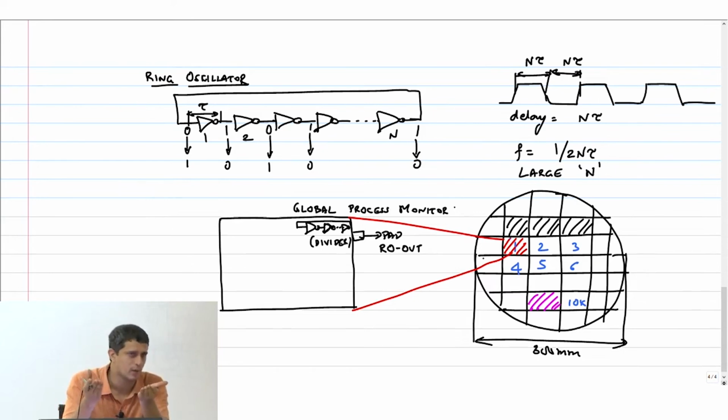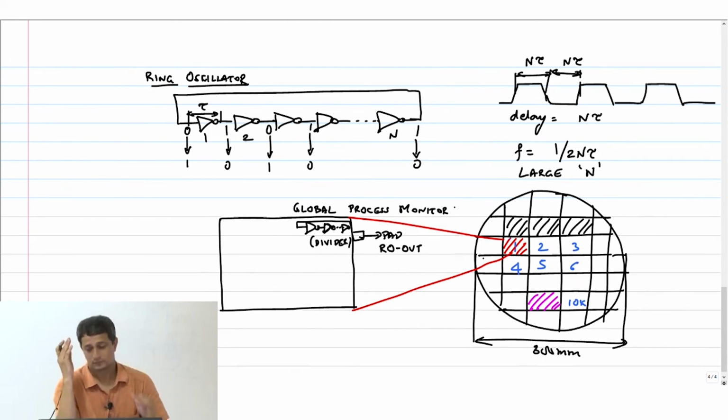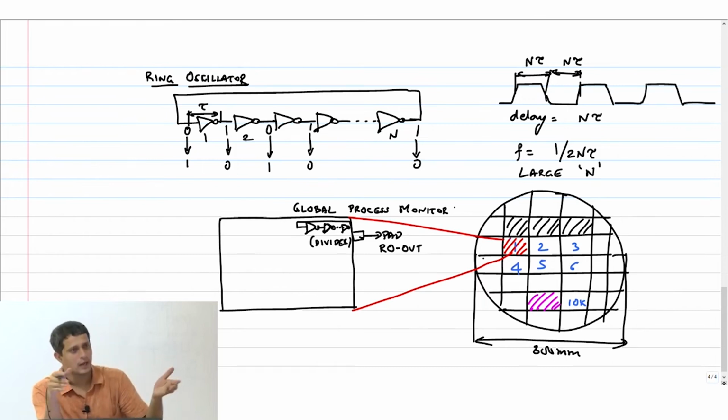It's not just VT, by the way. It could be the channel length, it could be the oxide thickness. Every single model parameter has moved in the same direction, and therefore this is called a global shift in process or manufacturing variations. Now, chips are now quite large that even within a chip, I could have these variations.